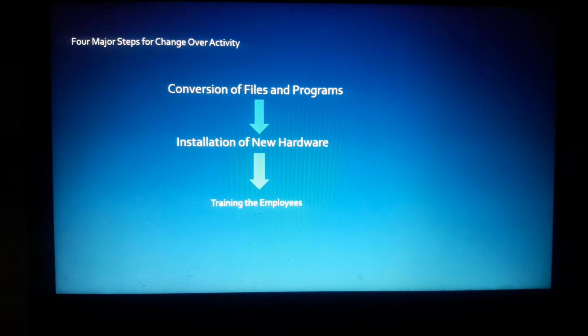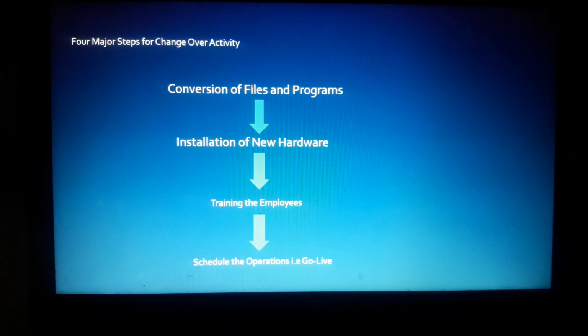Finally, you need to make the system go live and start the operations, so that the trained people can work on it. So, these are the 4 major steps involved in the changeover activity.